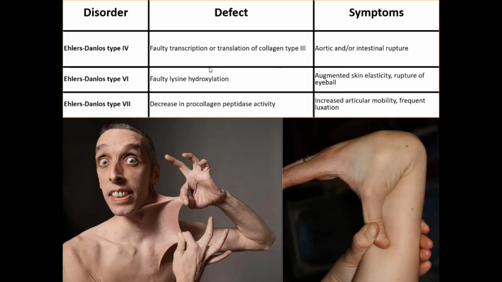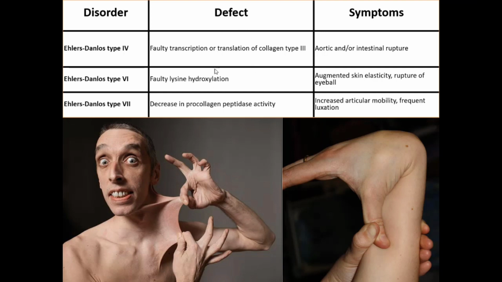Some people have a defect in collagen synthesis. You can see examples of this disorder in some patients. Some of them are called Ehlers-Danlos disorders. For example, three of them you can see here: Ehlers-Danlos type 4, 6, and 7. They have a problem with collagen synthesis. For example, here you can see type 6 has a fault in lysine hydroxylation.